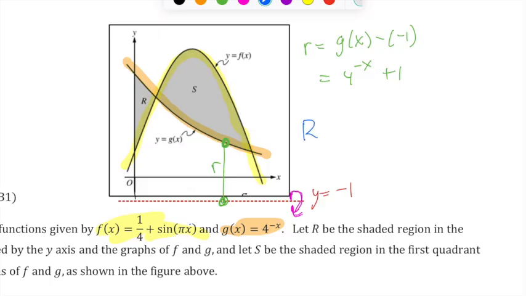And then my big R, which I'll do in blue, and I'm sorry I can't draw a straight line, is going to be this top function, which is f of x, minus the bottom function, which is -1.